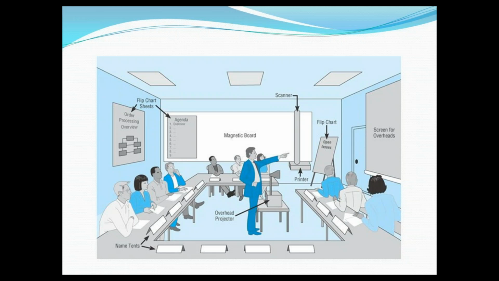If they realize that there could be some potential risks, they're documented. Who's they? The team. Who's writing all these risks? The BA. You see that flip chart with open issues? That's what the BA will do.